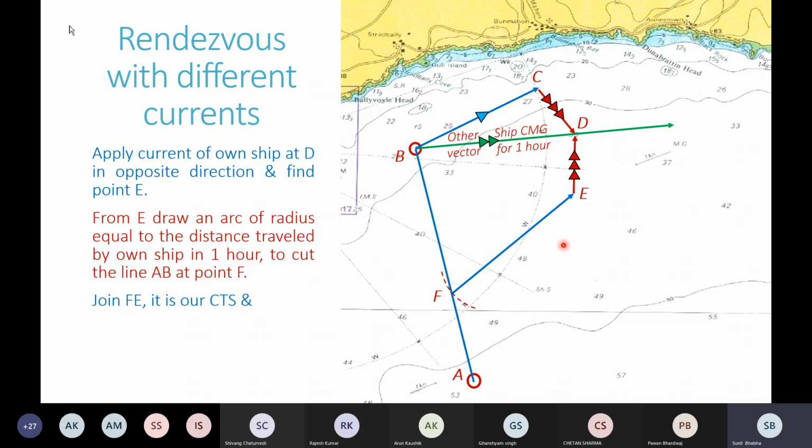Now this vector Foxtrot Echo is basically our course steered vector. You see, we have opened up our compass equal to the engine distance traveled by own ship in 1 hour. So this Foxtrot Echo is our course steered vector.